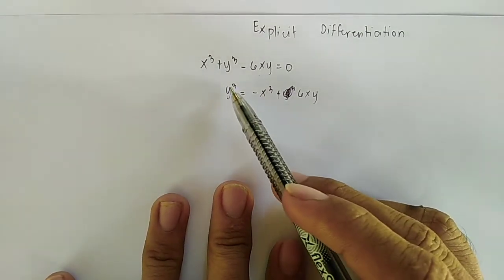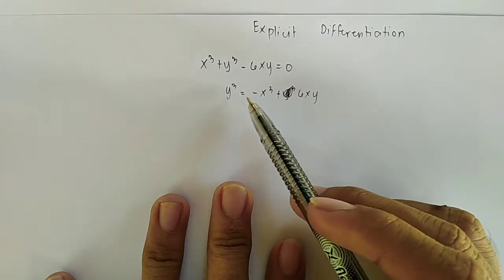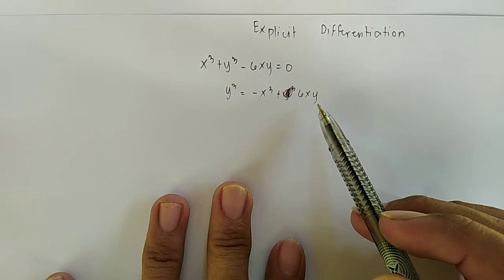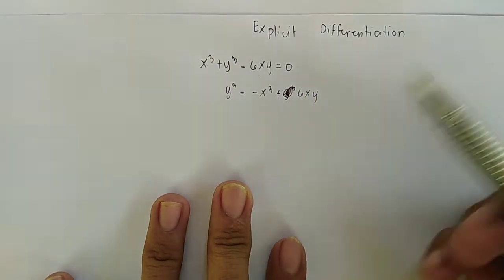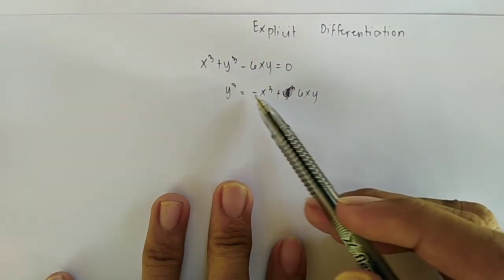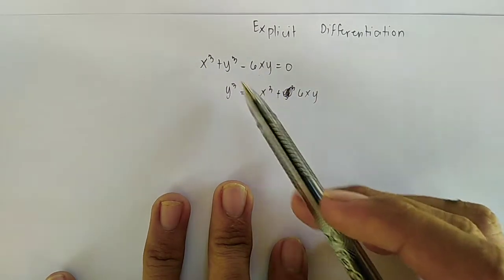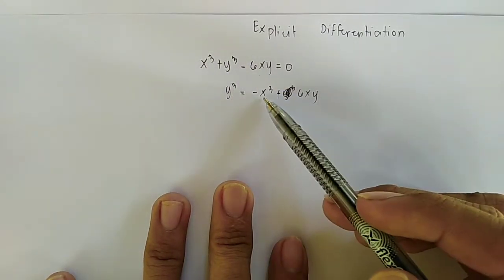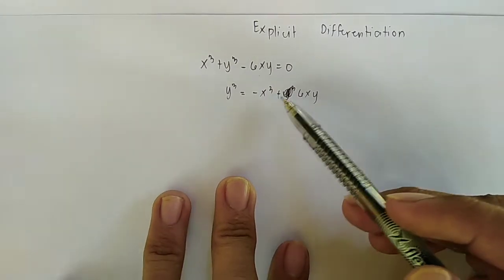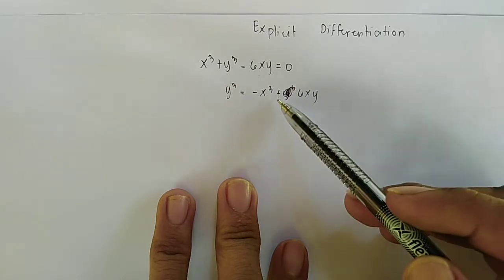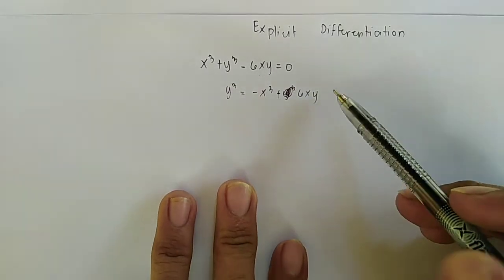The positive x cubed transferred to the other side will become negative x cubed. Then negative 6xy transferred to the other side will become positive 6xy.